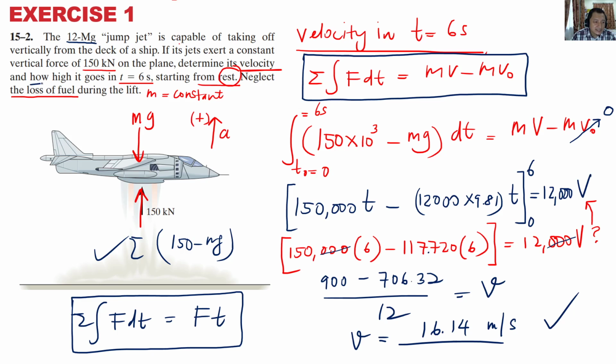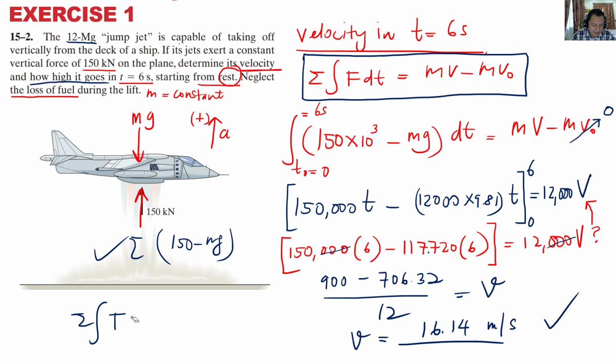How high does it go in time equal to 6 seconds? You can use this or you can use the kinematics equations. Let's try out some kinematics equations. One thing for sure, you need to ask yourself a few questions.